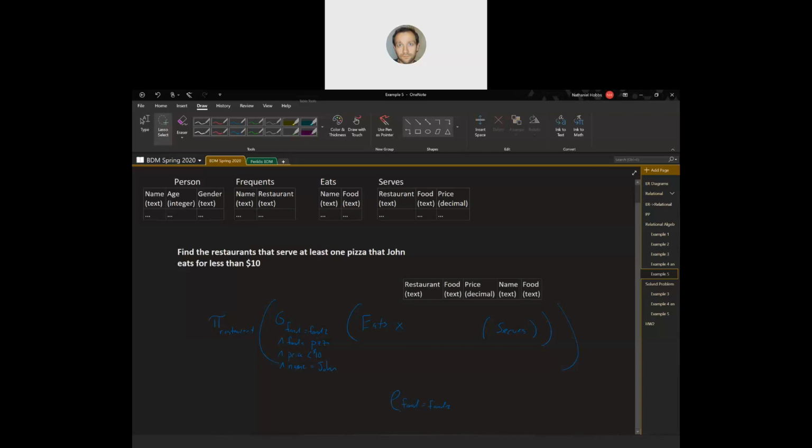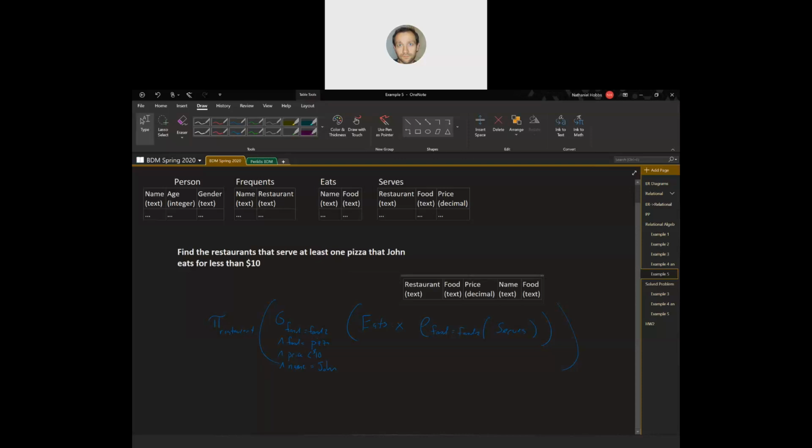And so in order to be able to say that this is both a restaurant that serves pizza, and pizza is a food that John likes that is under $10, there's going to be some polluted entries because of this cross product.